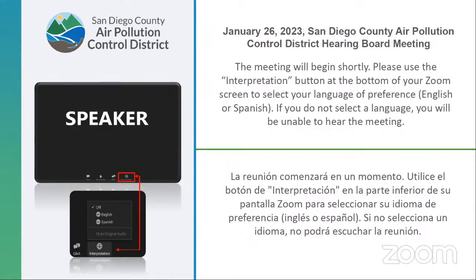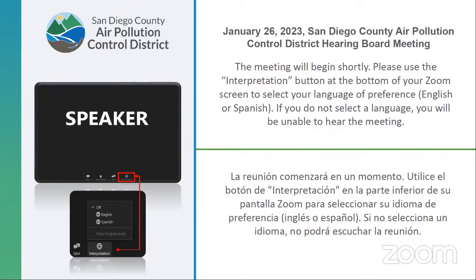And for those of you who are on the meeting and speak English, please also, if you are on your desktop or laptop computer, when the icon for interpretation appears at the bottom of your screen, select that and then select English or Spanish.